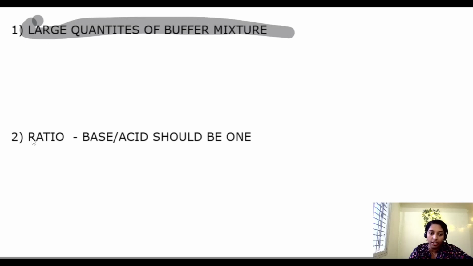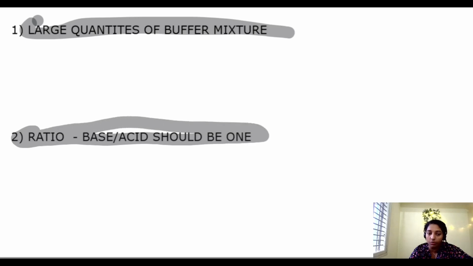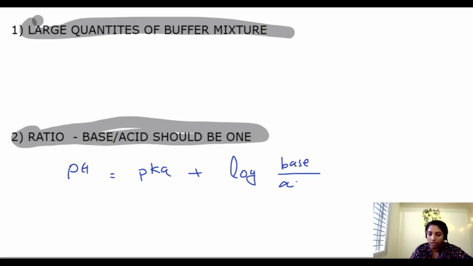And definitely, as I told you, the very first point is that the ratio of base over acid should be 1. Correct? Because you know the Henderson equation: pH is equal to pKa plus log of base over acid concentration. So this ratio determines everything. Correct?